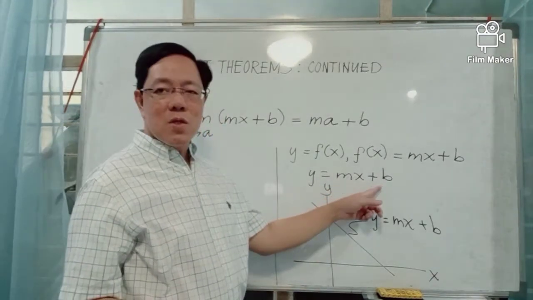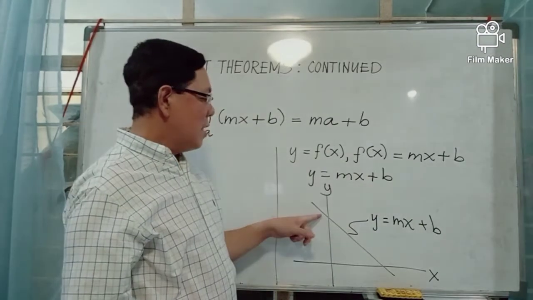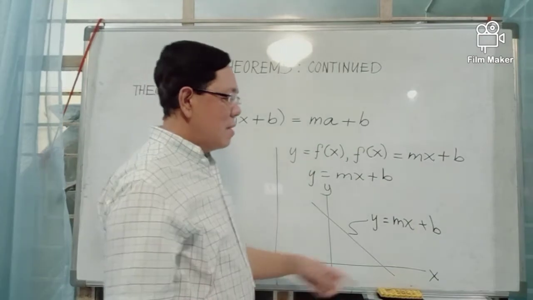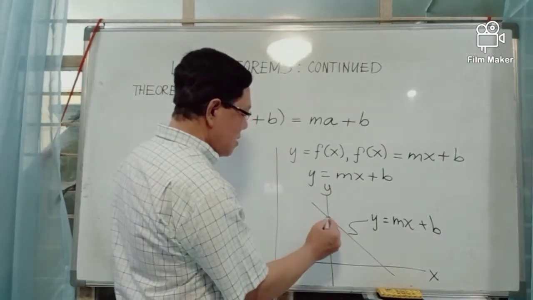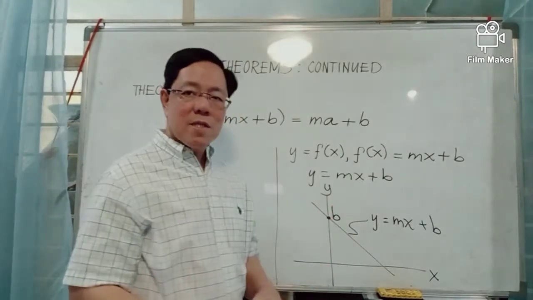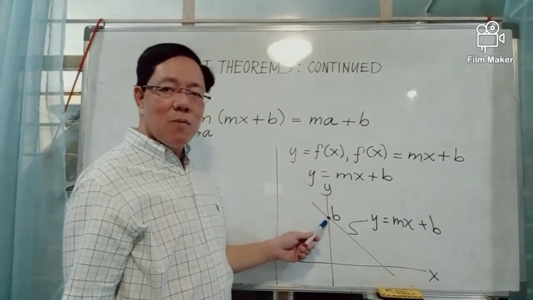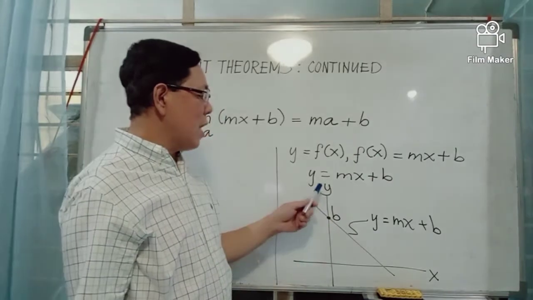Because we assume that the constant term b is not zero, the line intersects the y-axis at y equals b. B is the y-intercept of the line with this equation, the point of intersection of the line and the y-axis.